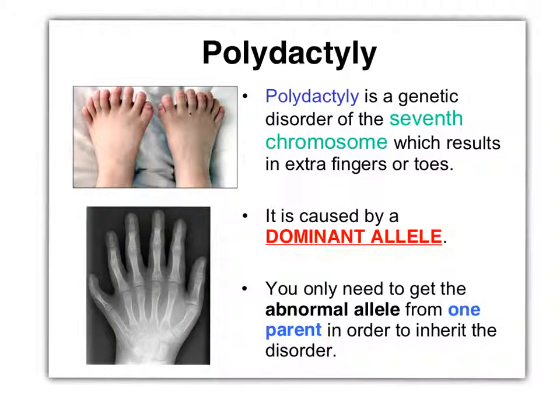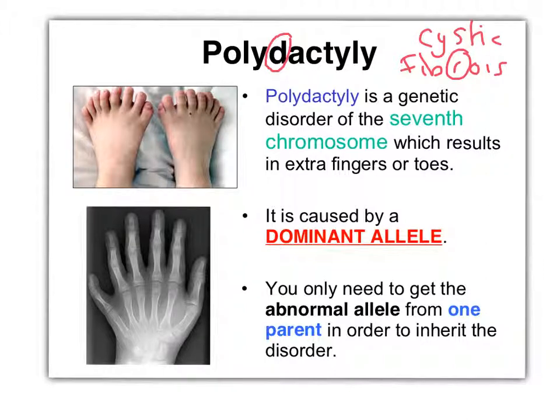The second disorder that you need to know about is polydactyly. And it's a genetic disorder of the 7th chromosome that basically results in you having extra fingers or toes. Now, this is caused by a dominant allele. Now, the way I remember that this is dominant and not recessive is because it's got a D in the middle, whereas cystic fibrosis has an R for recessive.